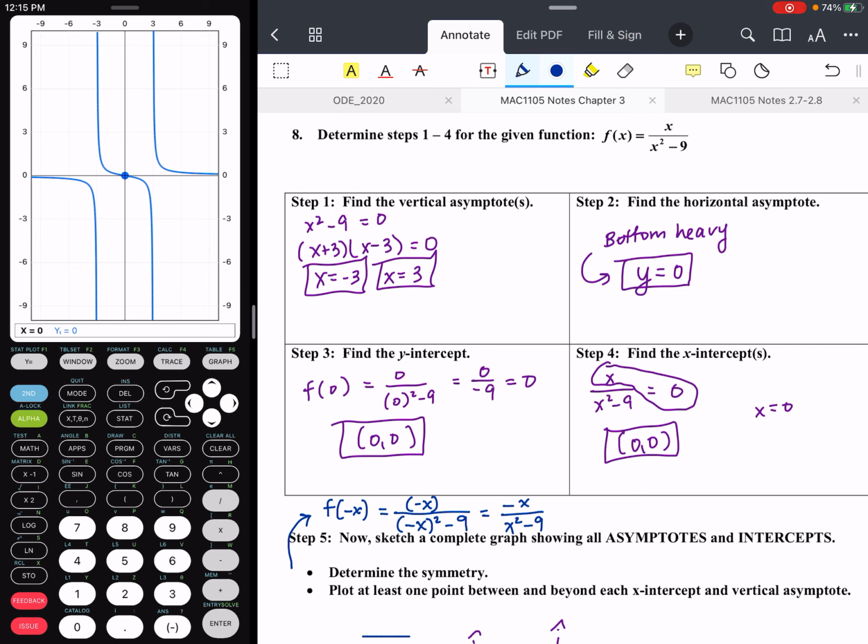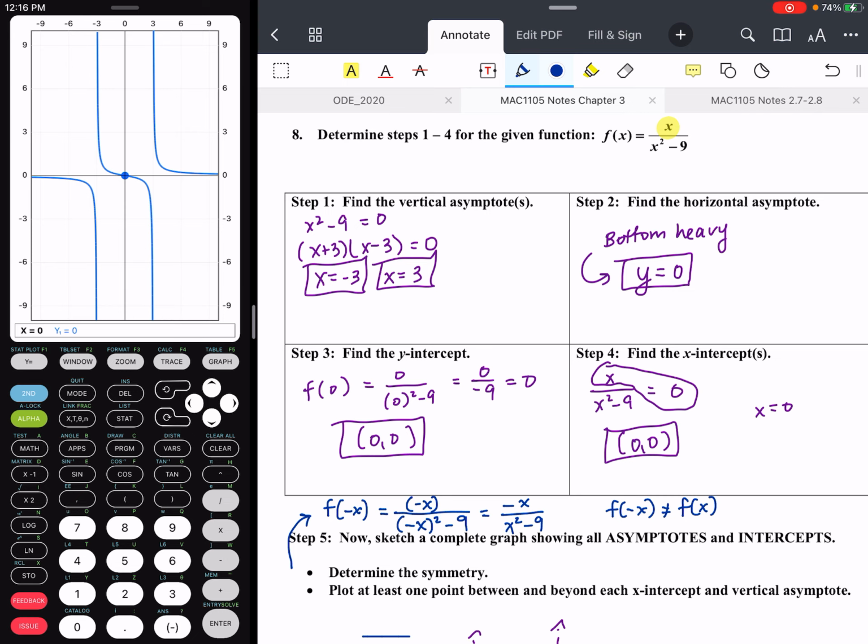So that's f of negative x. All right, so I can see that that doesn't equal f of x, right? So f of negative x doesn't equal plain old f of x, because in my original function I have x, and in my f of negative x I have negative x up in the numerator, so it's not an exact match. But let's go ahead and see what we can find for negative f of x.